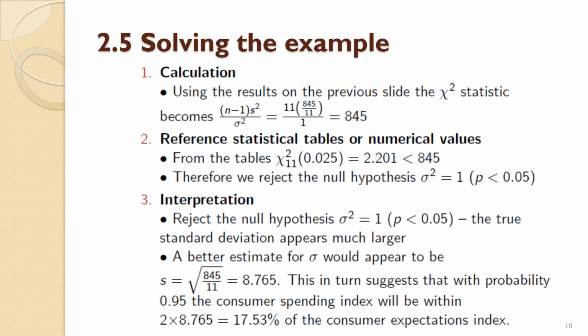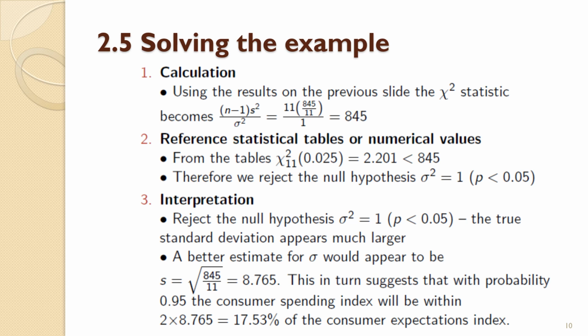Now the next bit, the interpretation, which would be what you would need for this course. It's not just a purely mechanical process. So you would reject the null hypothesis, sigma squared equals 1. The true standard deviation appears to be much larger. A better estimate for sigma would be the sample standard deviation, which would be the square root of the sample variance, which would be 8.765.